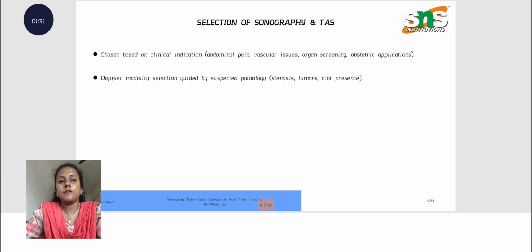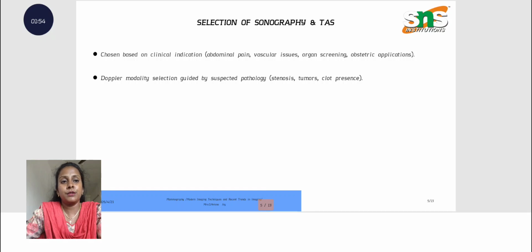Now, the selection of sonography for the transabdominal region is chosen based on clinical indications, such as when the patient comes with abdominal pain or vascular issues, or for organ screening, like screening the liver, the spleen, or the gallbladder.